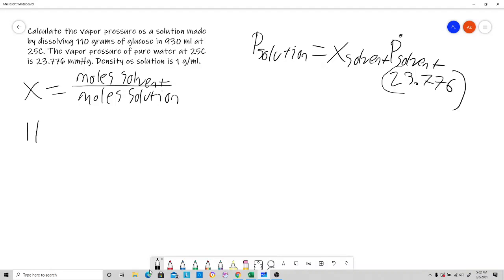So it's 110 grams of glucose, and then we need to turn that into moles. In glucose, if you calculate it out, there's about 180.2 grams per mole.